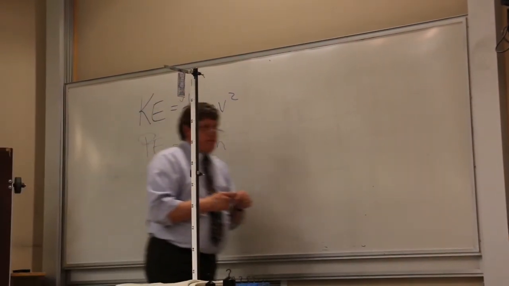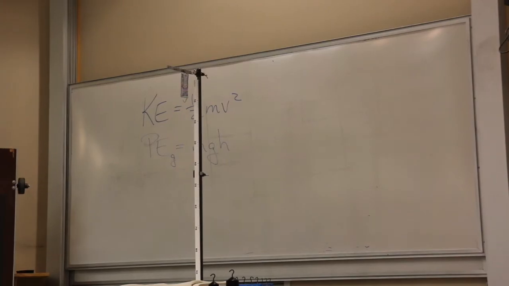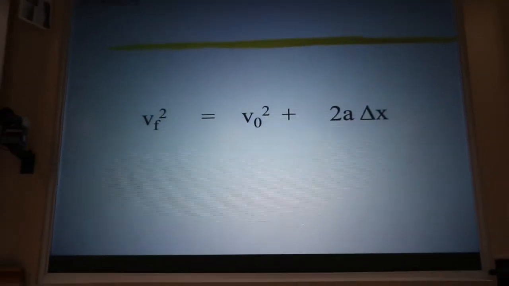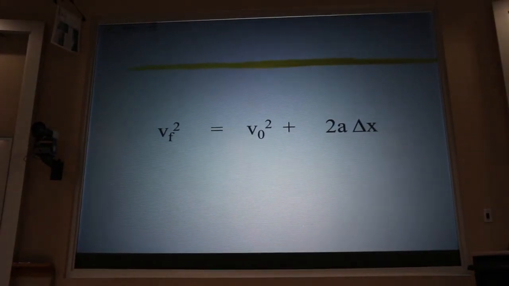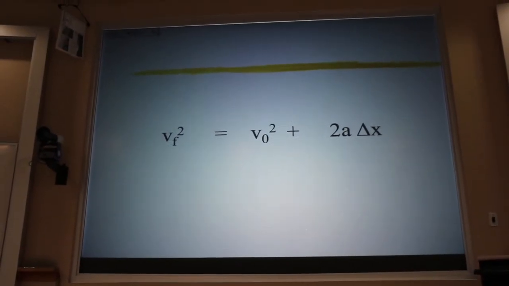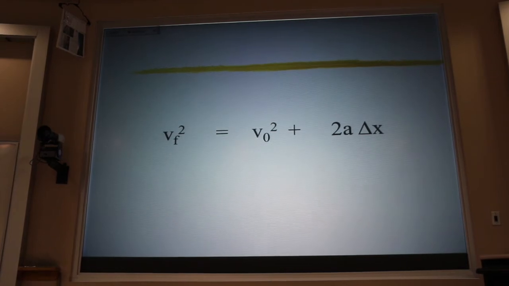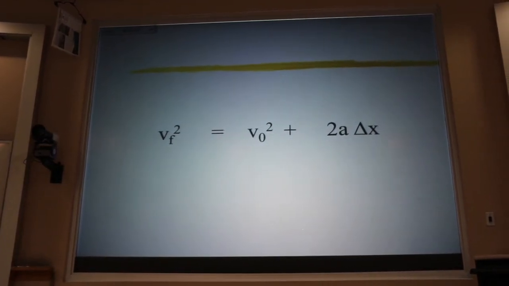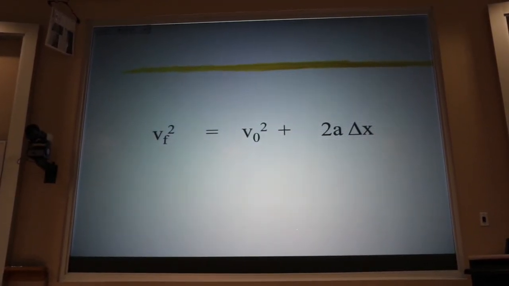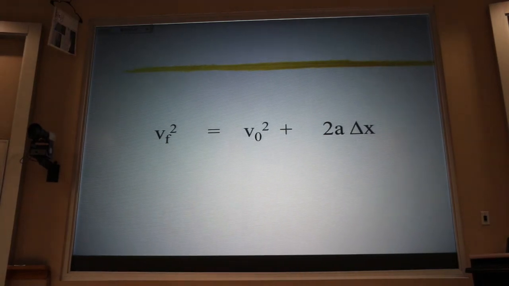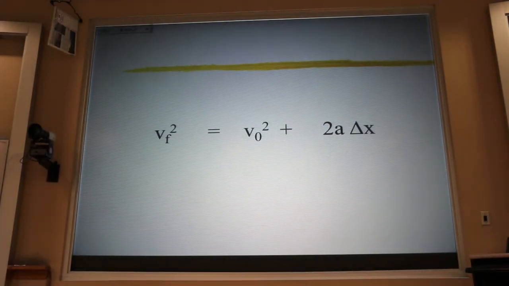But let me show you a better way, a way that will save you some time. Since we know that we never learn anything about time using energy, it makes sense that we start with the equation from kinematics that doesn't have time. And I'm going to just mess with that equation. It's not going to take long. It's not going to hurt. It's going to be very quick and painless.